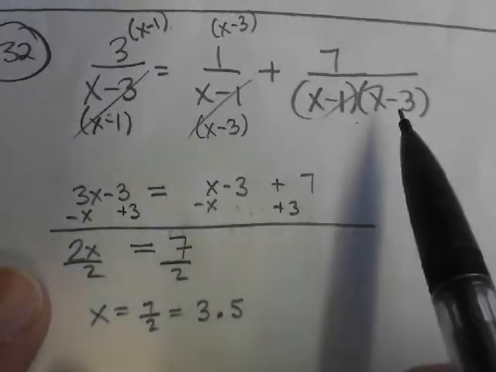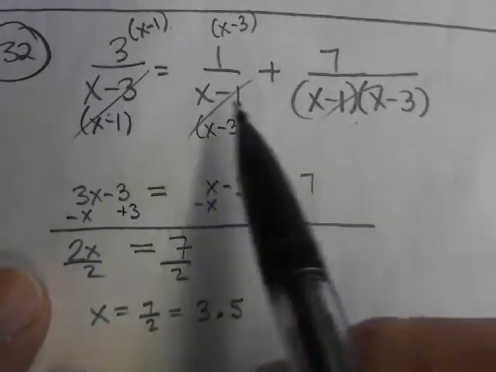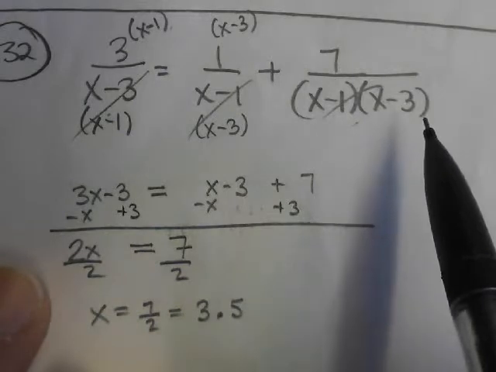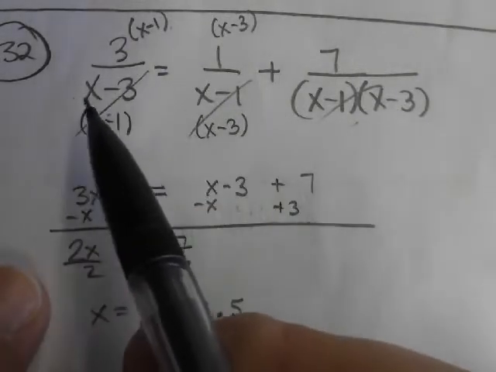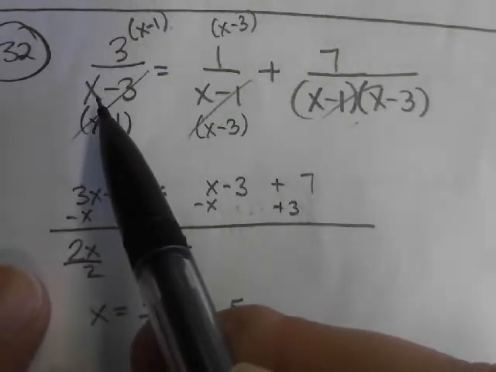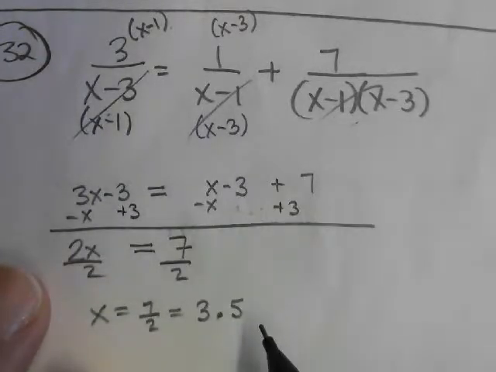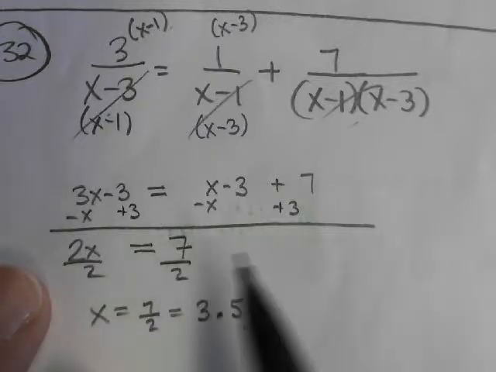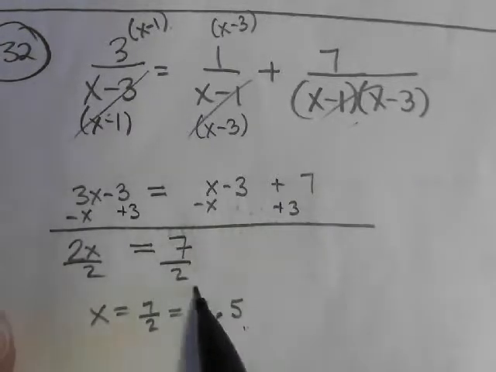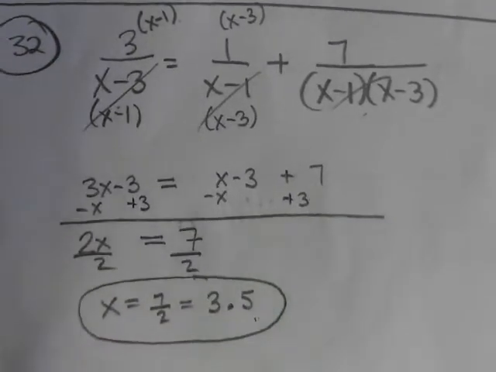What numbers would give us undefined because they would make the denominator 0? A 3 we would have to reject, and a 1 we would have to reject. As long as we didn't get a 3 or a 1, we are okay. We can trust ourselves that that's the final answer. So x equals 3.5, but if by chance we got a 3 or a 1, we'd have to reject it.